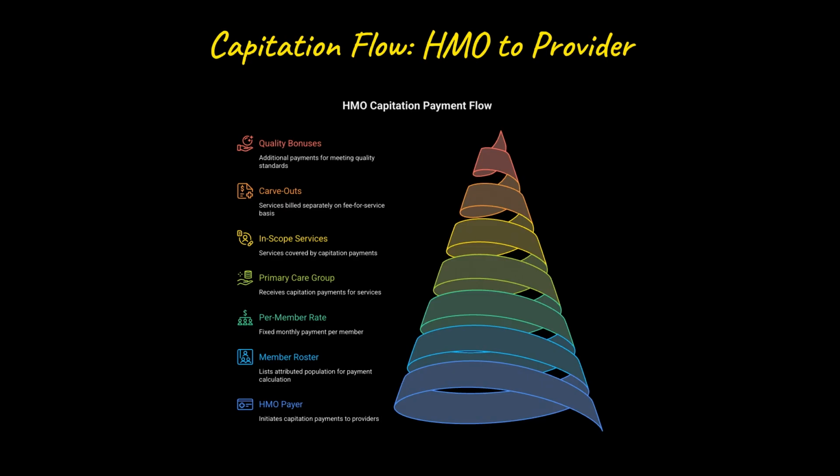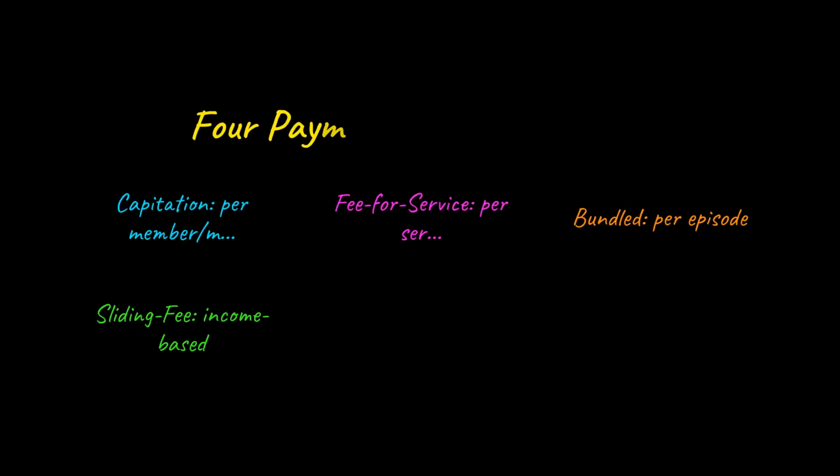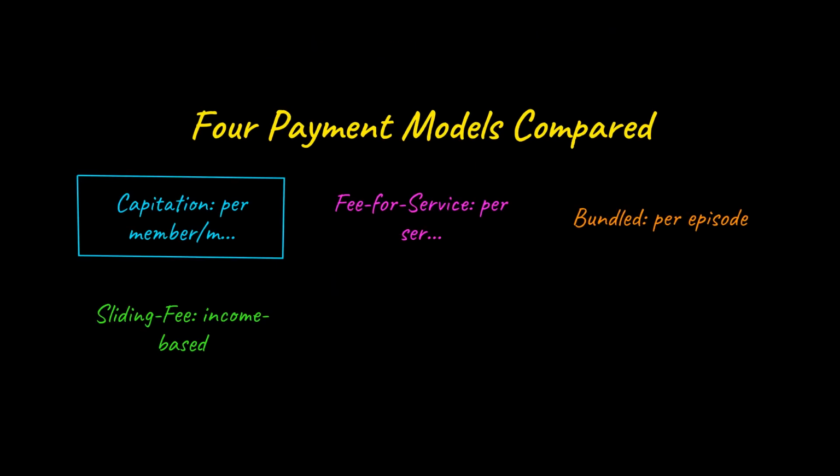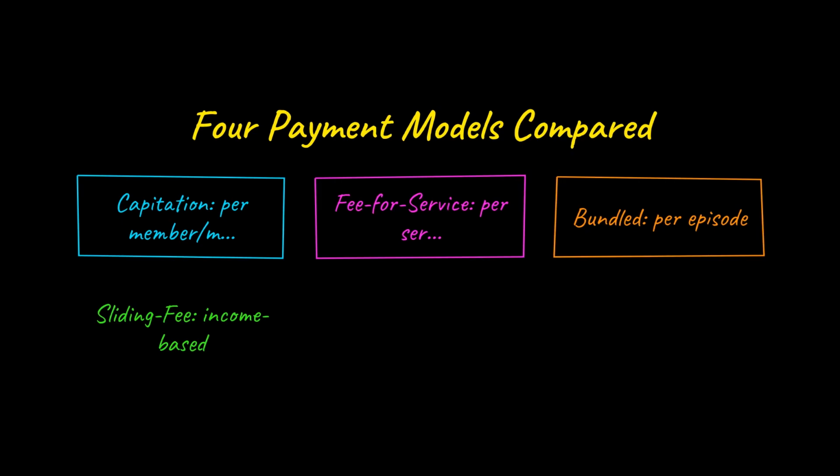The provider delivers covered services without billing per visit. Some services may be carved out and still billed fee for service, and quality bonuses can layer on top of the base rate. Exam questions contrast 4 models. Capitation uses a per member per month structure regardless of services used. Fee for service pays per individual service.